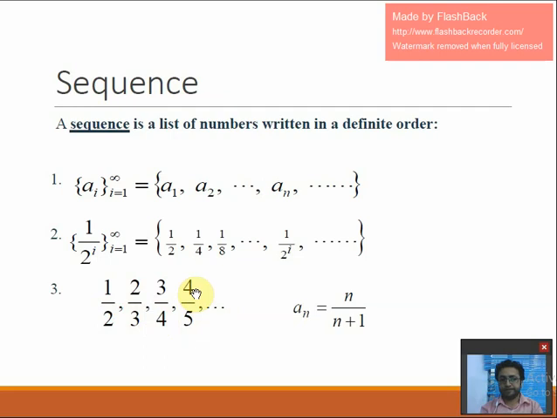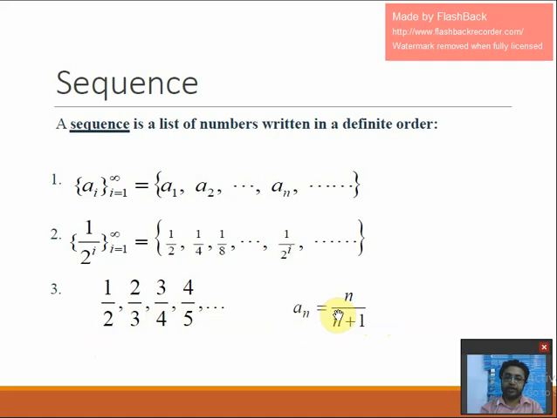If this is A1, this is A2, this is A3, this is A4, then A_n will be what? The numerator will be n and the denominator will be 1 more than n, that is n plus 1. So A_n is n by n plus 1. First we have to understand how to write the general term of a sequence.